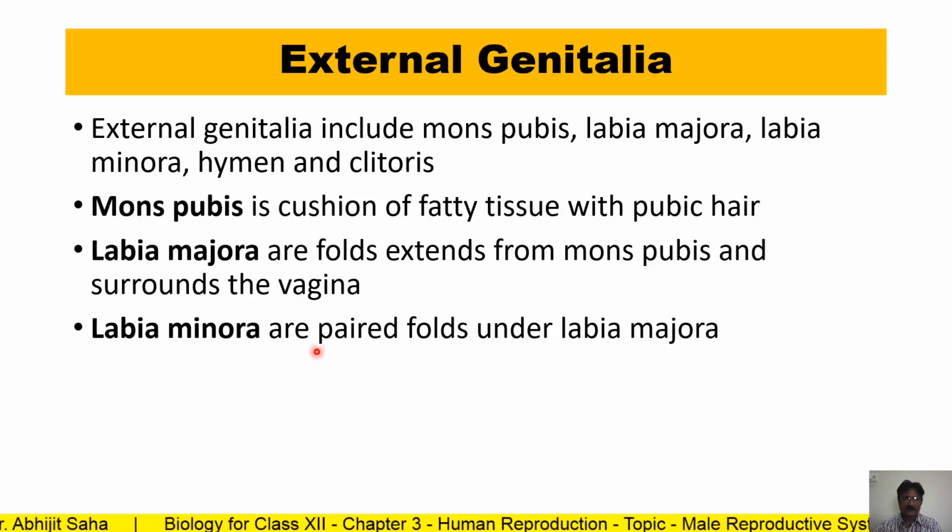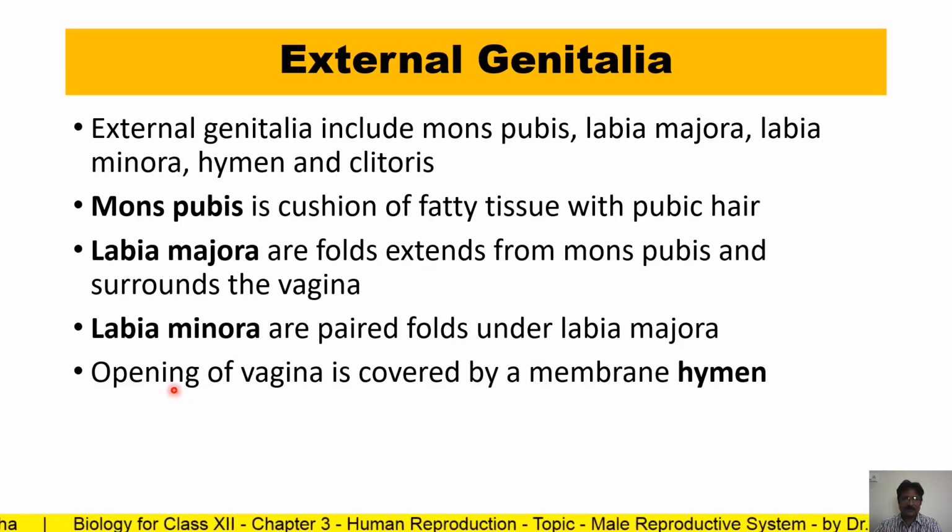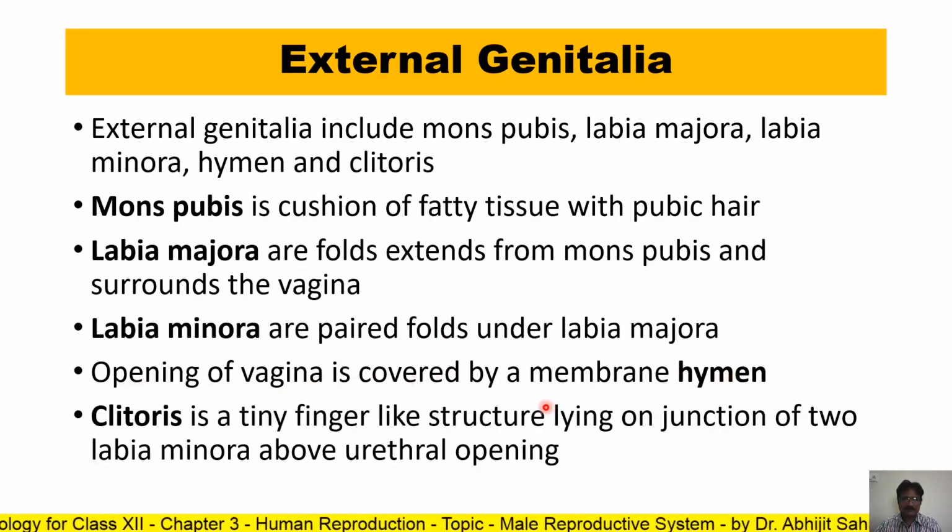Labia minora are paired folds under the labia majora. An opening of the vagina is covered by a membrane called the hymen. Clitoris is a tiny finger-like structure lying at the junction of the two labia majora above the urethral opening. So this is the brief description of external genitalia.